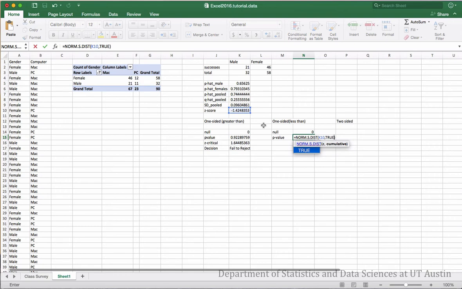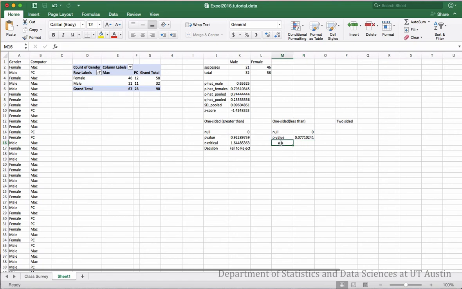Now this will report the p-value that is strictly less than negative 1.42, and that's exactly what we want, because our alternative is less than. So we hit enter, and we get a p-value of 0.077. Again, this p-value is also greater than 0.05.